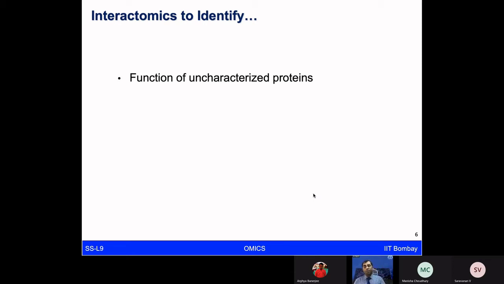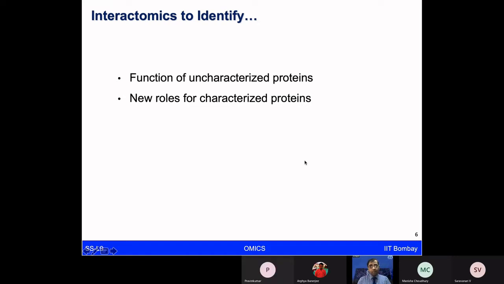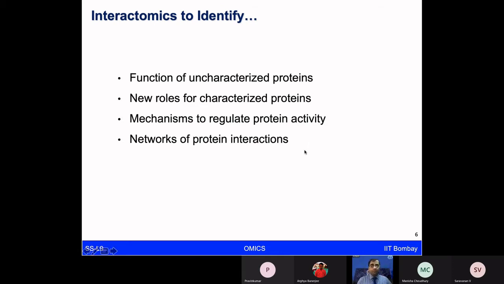To look for uncharacterized protein function, interactomics technology could be very well utilized. Also, we use these technologies to define new roles for even already known proteins. And many times we use interactomics to understand the mechanisms which regulate protein activity.